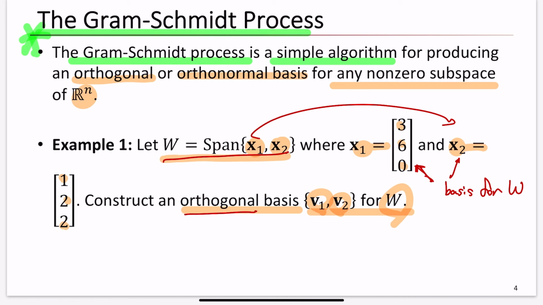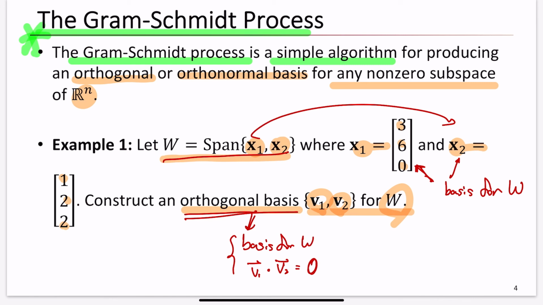The inner product of x1 and x2 is not 0, right? So an orthogonal basis means it should be a basis for the space W, as well as the inner product of the vectors v1 and v2 should be 0. Then it's going to be an orthogonal basis.